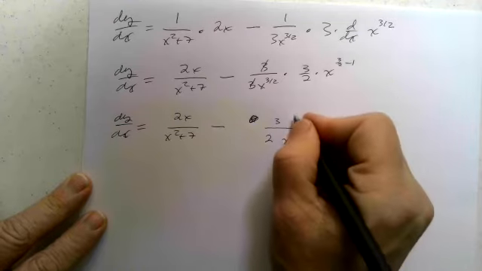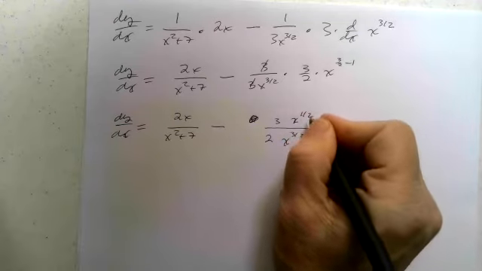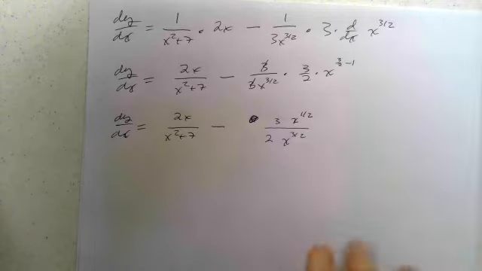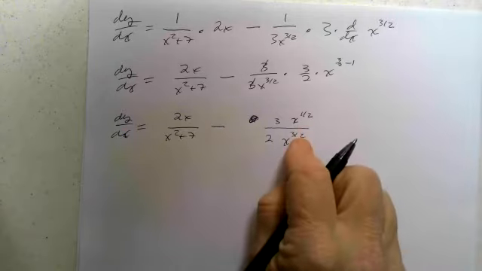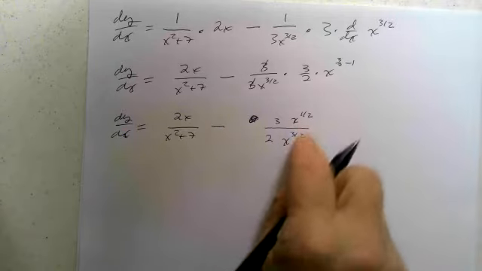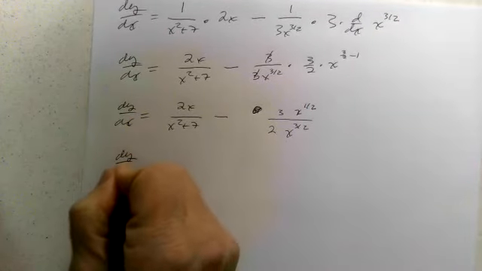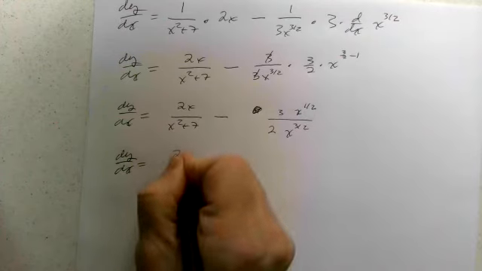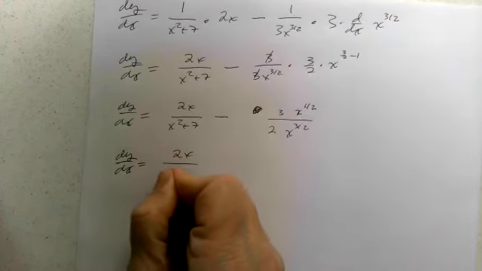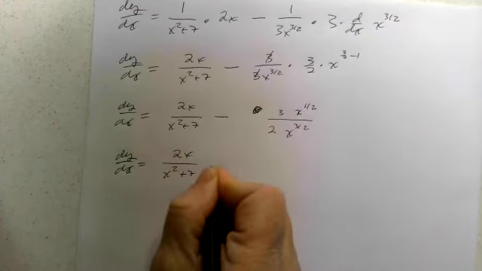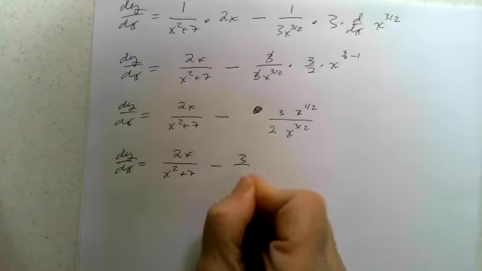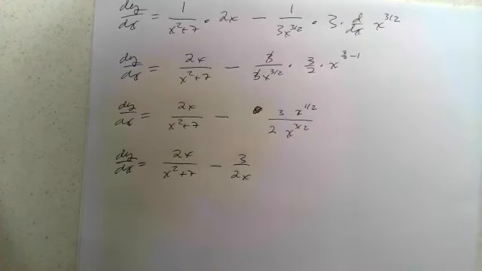X to the 3/2 minus 1 is x to the 1/2. Now what happens here? X to the 1/2, x to the 3/2. There's a difference of 1, and that remains downstairs. So that I get dy dx equals 2x over x squared plus 7 minus 3 over 2x, which is a perfectly good answer.